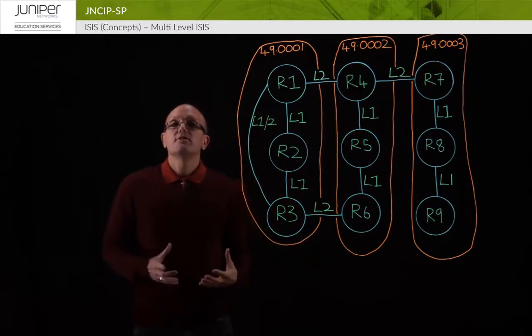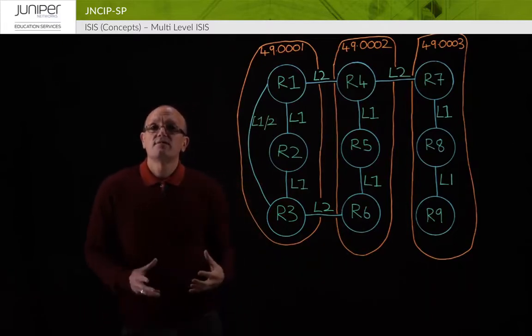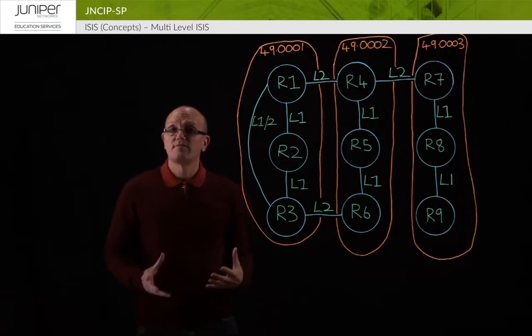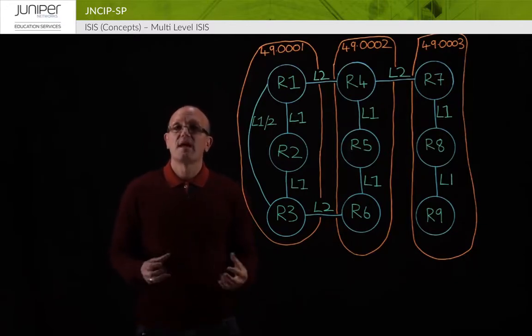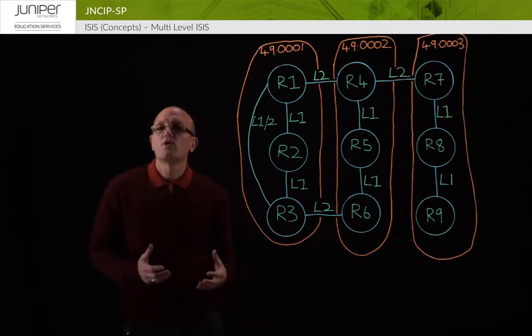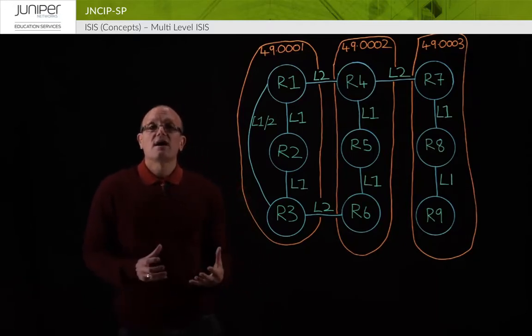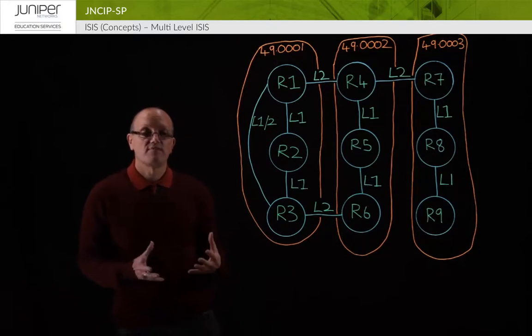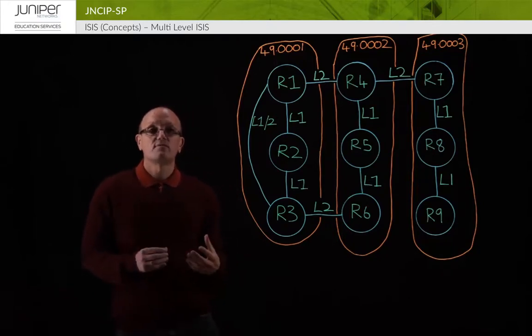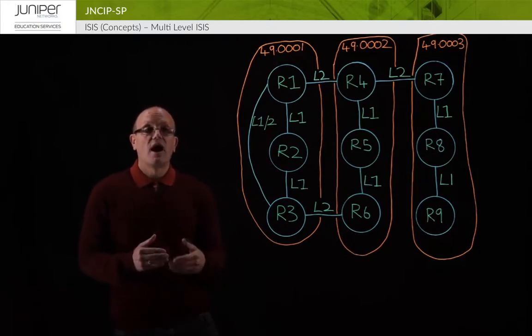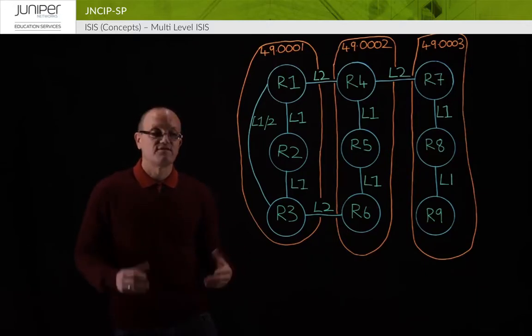And much like with OSPF, where we have the concept of a backbone area, area 0, to which all other areas need to be connected, in ISIS we have much the same thing. But in ISIS, we have the concept of sort of a backbone line of adjacencies.